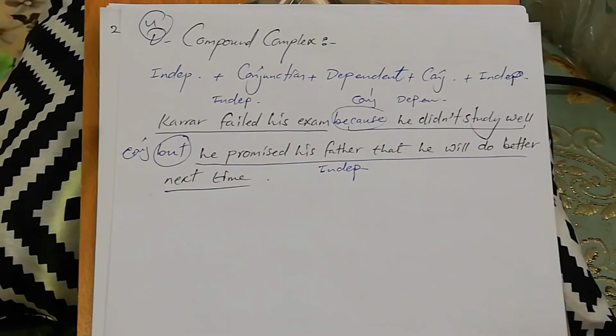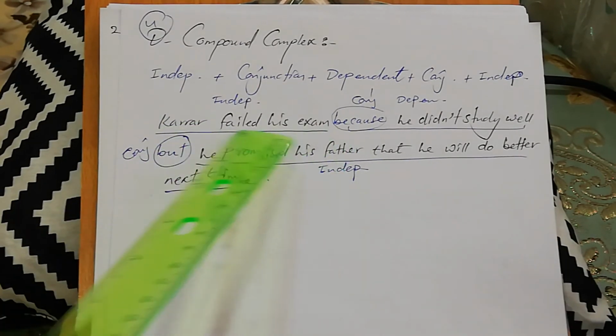Here the last one, which is compound complex. This type has three clauses. The first clause is independent, the second one is dependent, and the third one independent. So two of them are independent and one is dependent. Look at this example: Karar failed his exam because he didn't study well, but he promised his father that he will do better next time.